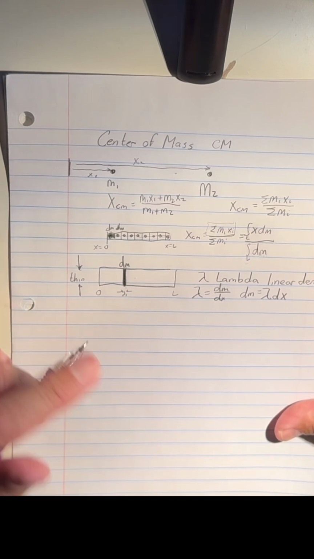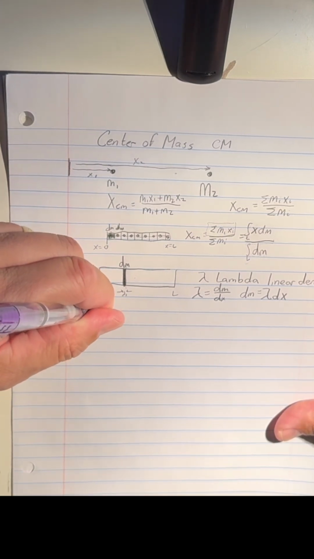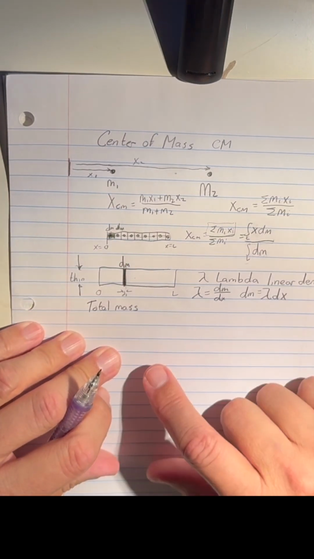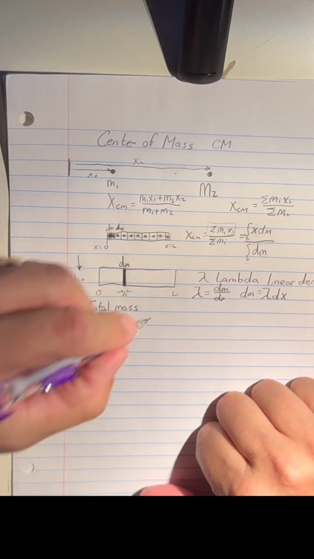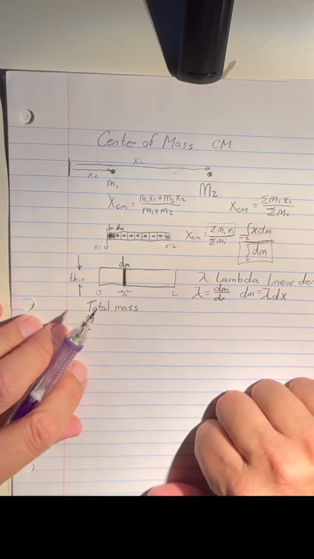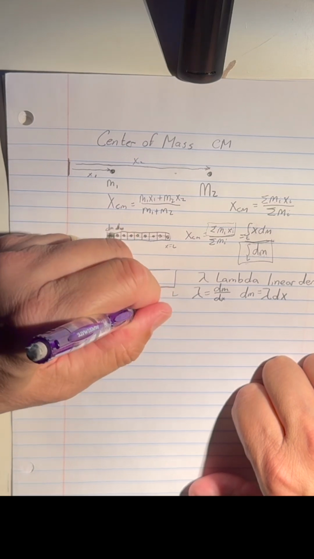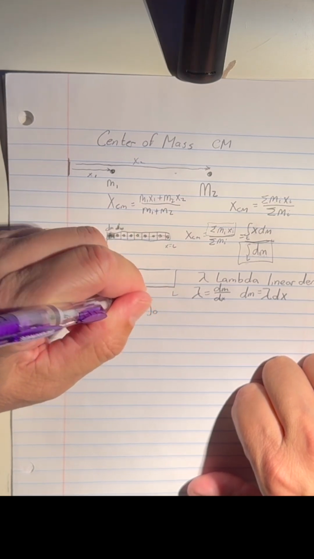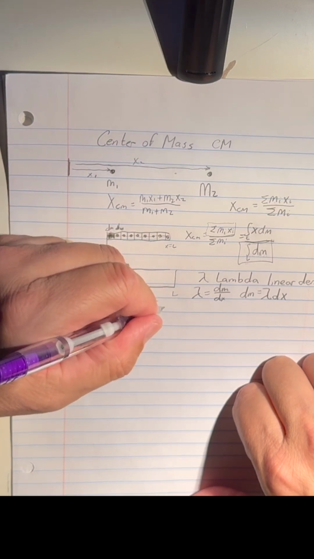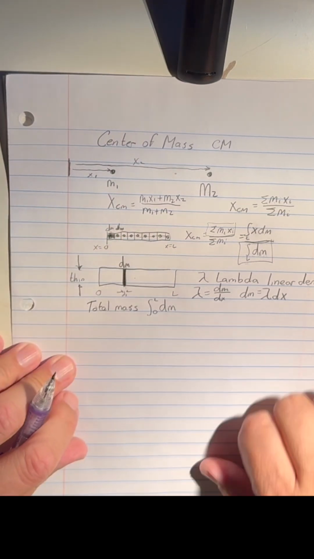So if we want to find out the total mass, then what we want to do is integrate. And remember that total mass is that bottom part that we need for the denominator. So we're going to integrate from x equals 0 to x equals L of all the dm's, okay?